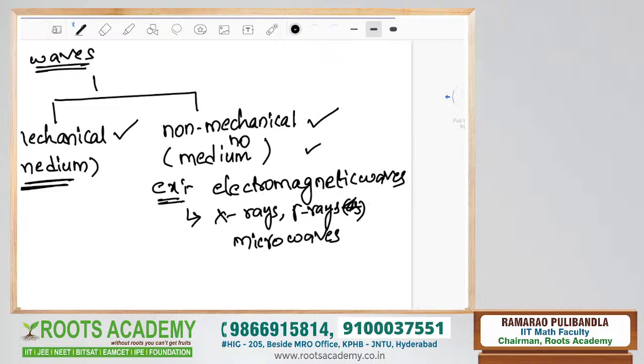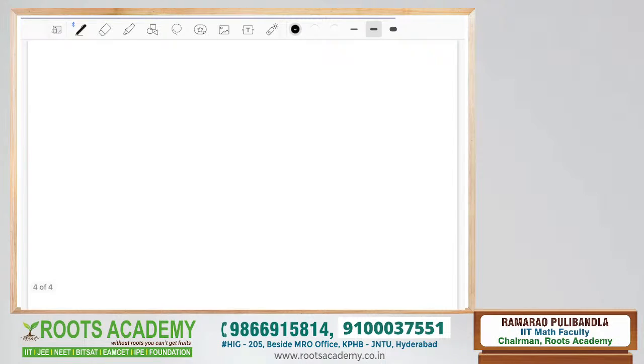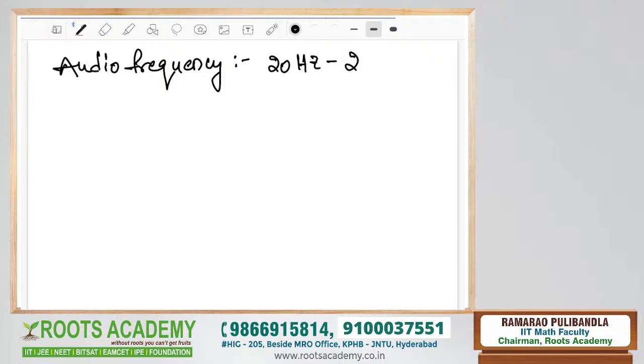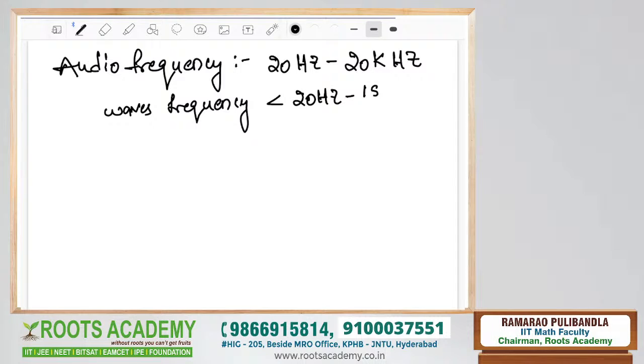And next, we are all familiar with the audio frequency range. This could be asked as a bit question or MCQ question. The audio frequency range is 20 hertz to 20 kilohertz. The waves whose frequency is less than 20 hertz are said to be infrasonics.